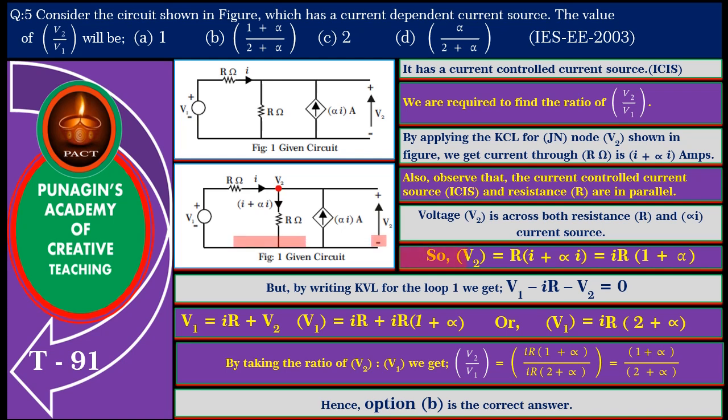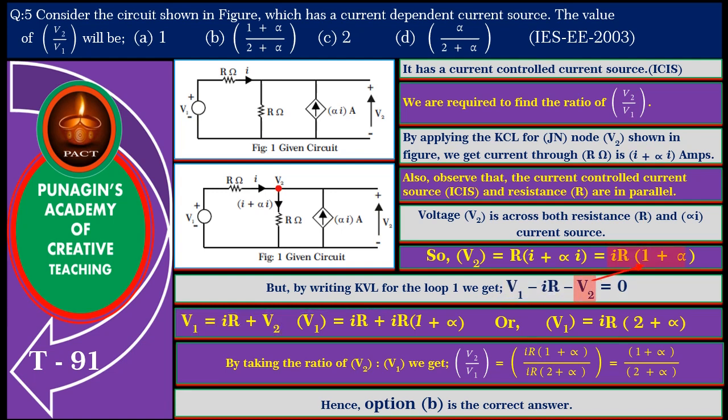So, V2 is equal to R into bracket I plus alpha I volts. But by writing the KVL for loop 1, we get V1 minus IR minus V2 is equal to 0, from which we get V1 is equal to IR plus V2.